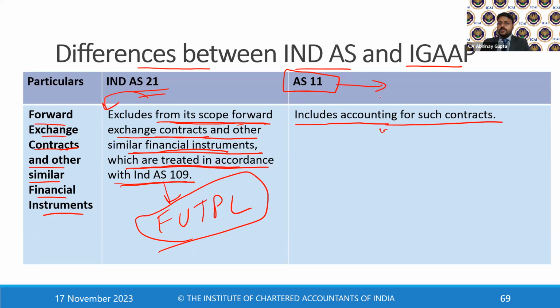So AS 11 does not exclude these types of contracts from its scope, because under IGAAP as such there is no corresponding standard for financial instruments, although there is, but that was not notified. So AS 11 covers the accounting for these contracts as well, right? So that is the one difference between the two standards.